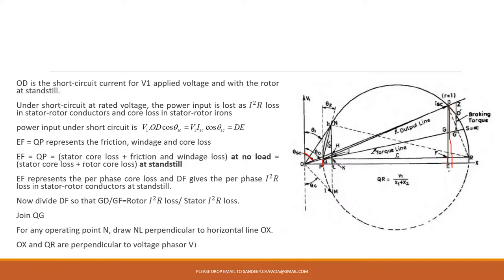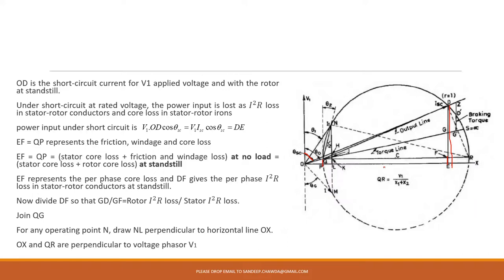This is also indicating your friction, windage and core losses on this side. And this EF, which is equal to QP, gives you the stator core loss plus friction and windage loss at no load condition, and it will also be equal to stator core loss plus rotor core loss at standstill. There are two different conditions: one is the standstill condition, another one is the no load condition.